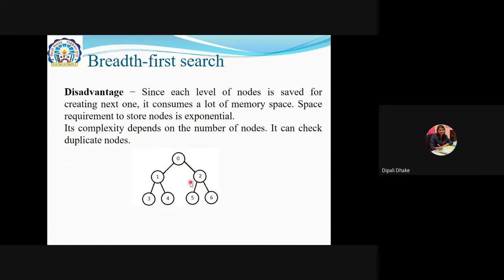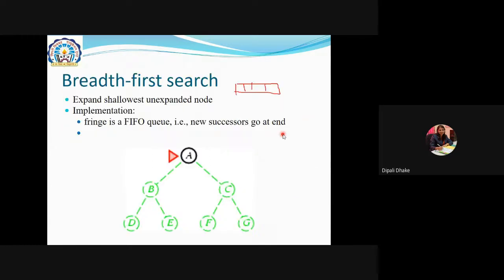Suppose you don't get your answer there, then you have to move towards this one, and then reach here. So it takes time, it creates complexity, and in short it requires a lot of memory space. So this is the disadvantage of BFS.